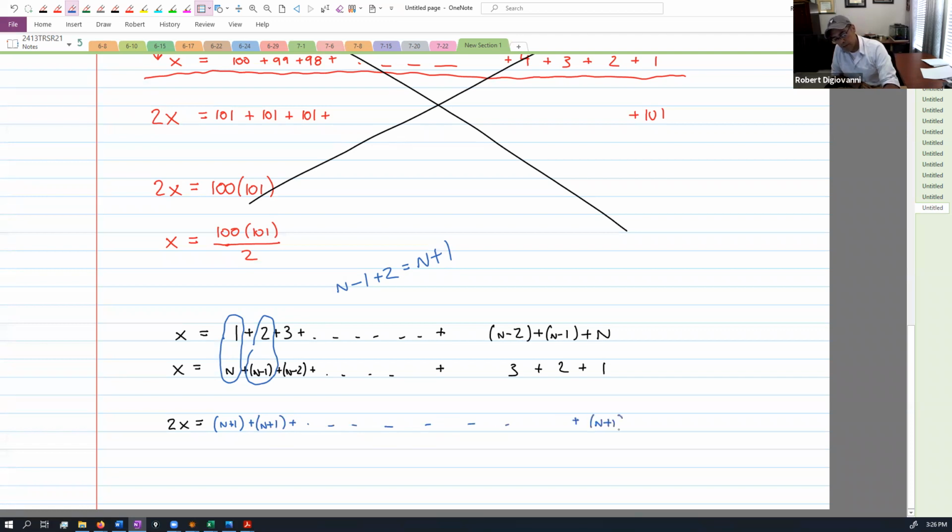You'll have n plus 1 again. How many n plus 1s do you have? n of them. So 2X is n times n plus 1. But that's twice as much, so divide both sides by 2.